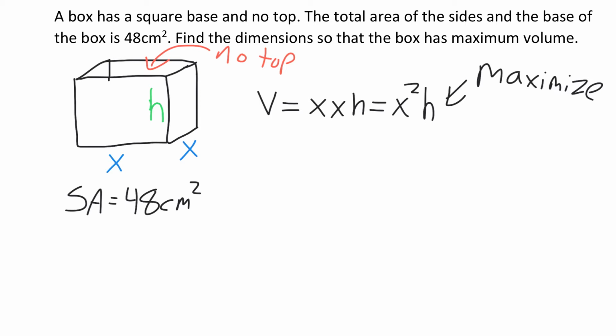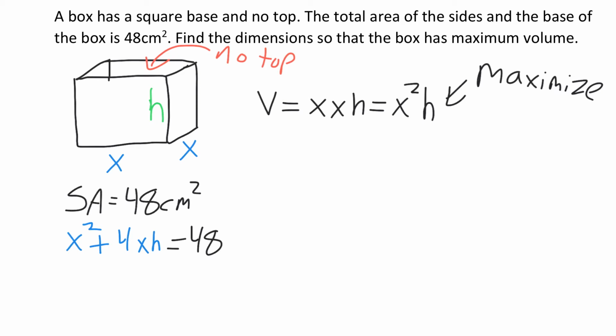Well, we could create one. We're going to have the base, so x squared, and we're going to have four sides. Each one of those sides will be the same. It will be x times h. And we don't have any top because we've been told that the box doesn't need a top. So this will be equal to our 48.